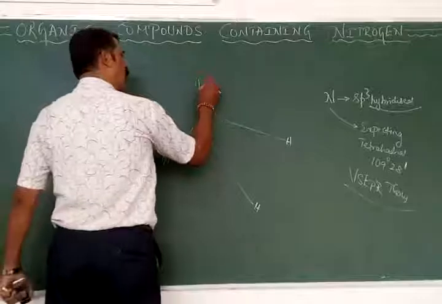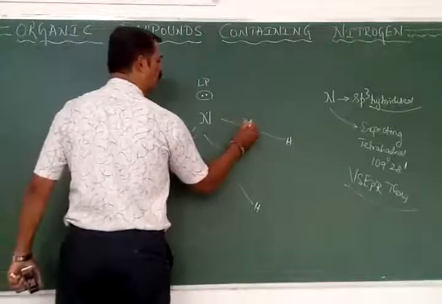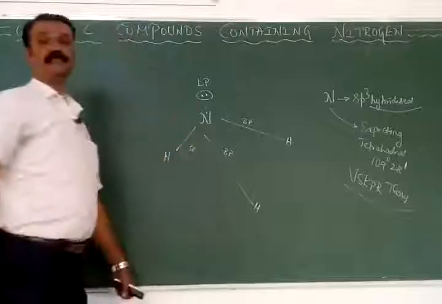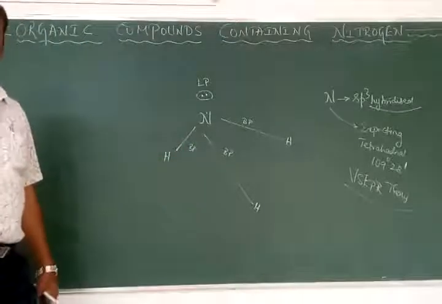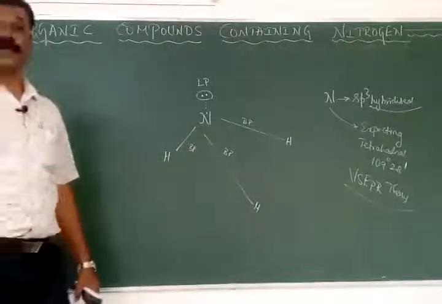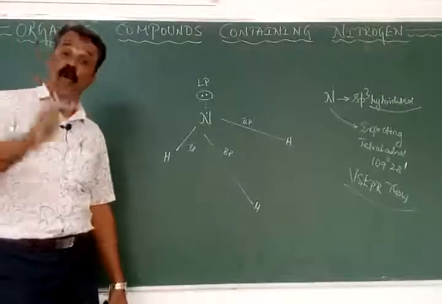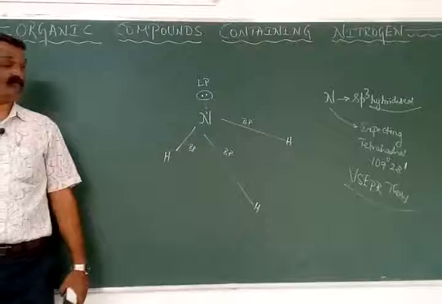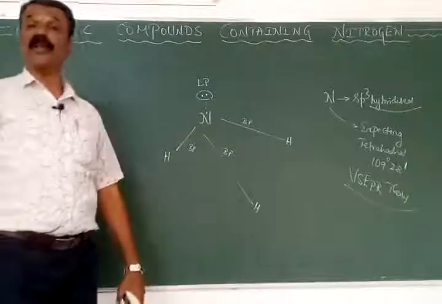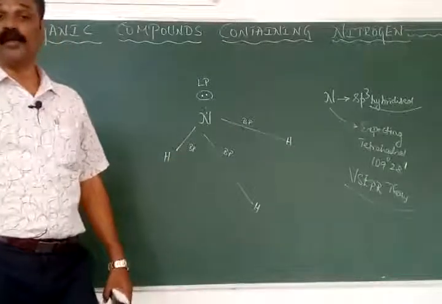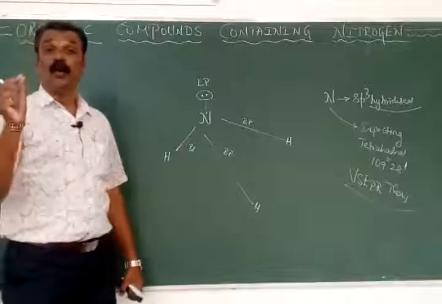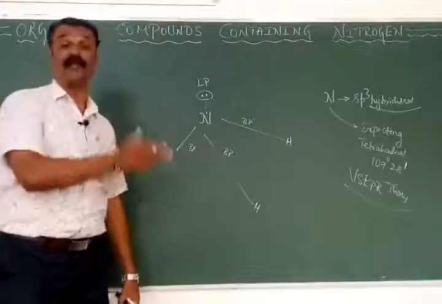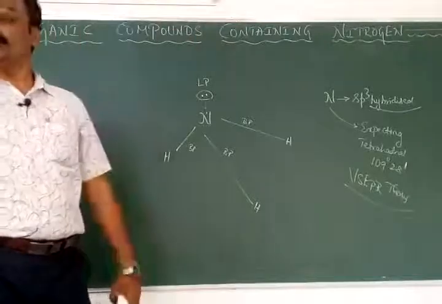This is called a lone pair, and these are bond pairs. Among the 4 valence shell electron pairs, 1 is the lone pair, called a non-bonding pair, and 3 are bonding pairs. According to the VSEPR theory, the lone pair repulsion is far greater compared to lone pair with bond pair repulsion, followed by bond pair with bond pair.